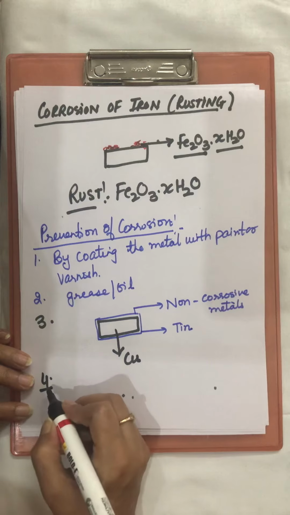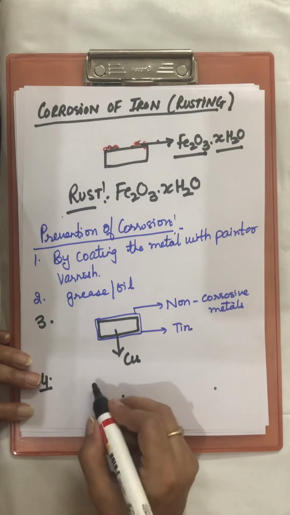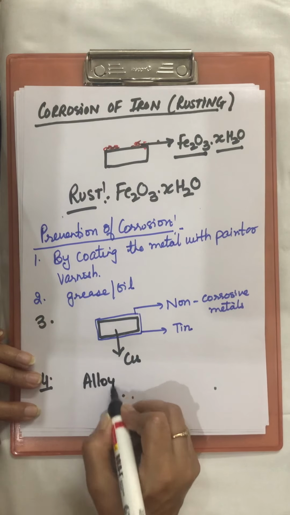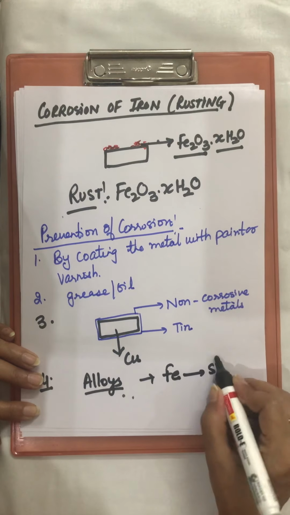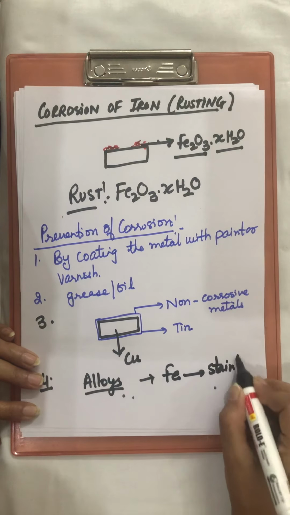Corrosion of some metals can be prevented by converting them to their alloys. Like iron gets rusted, so it is changed to stainless steel. Stainless steel does not undergo corrosion. We can get stainless steel from iron.